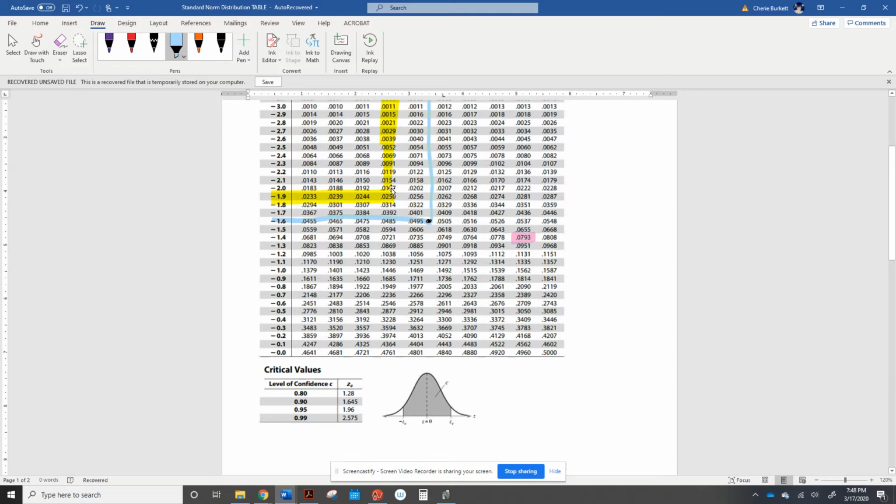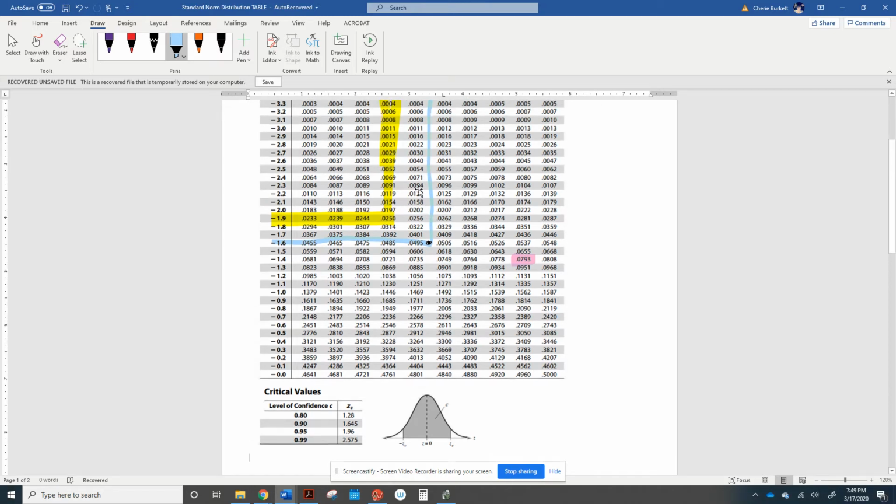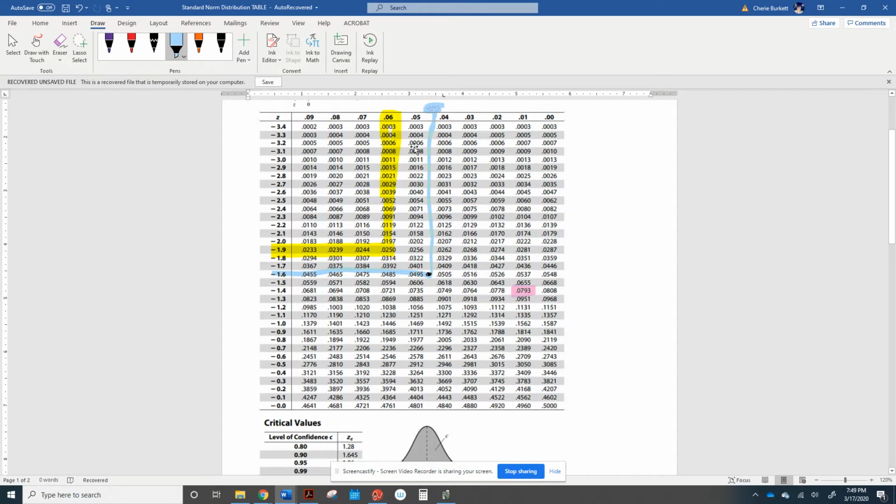This one's 3 decimal places away from being 0.02, and this one's only 2. So it's a little bit closer to 0.5. You'll see what I'm looking at. Let me grab, let's see, let's do this little purple one. There's 0.02. I'm really close to 0.02. Right here and right here. 0.02 is somewhere right between there.